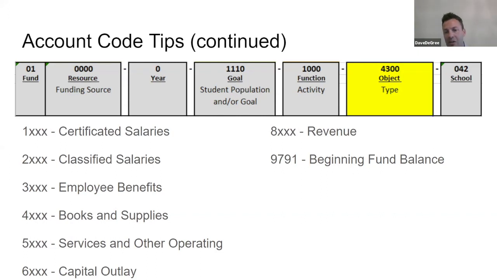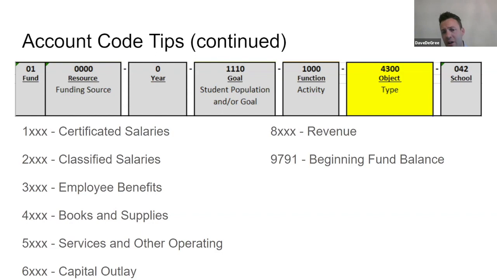If you pull up that 9791 object code in your current budget, once we load it, you'll find what you're left with. We haven't loaded it yet because we're still closing the books for 1920, but once we close completely, we'll have the ending fund balance, and then we'll have this beginning fund balance for you.